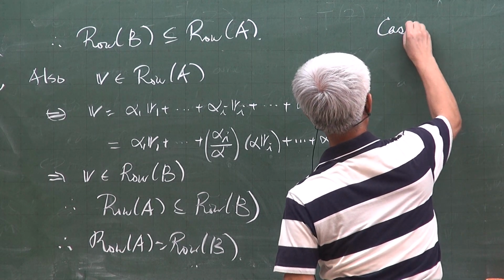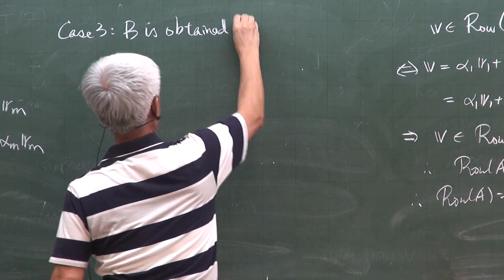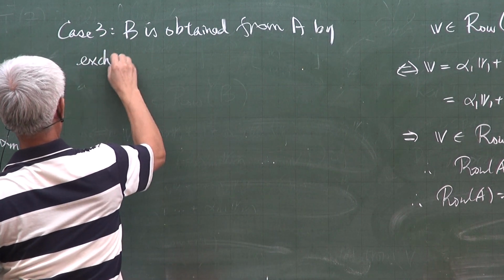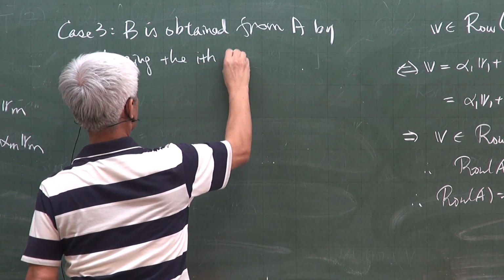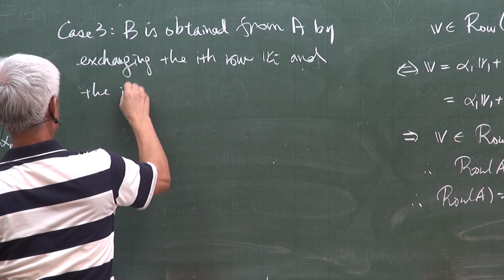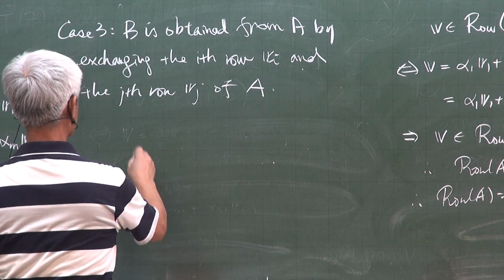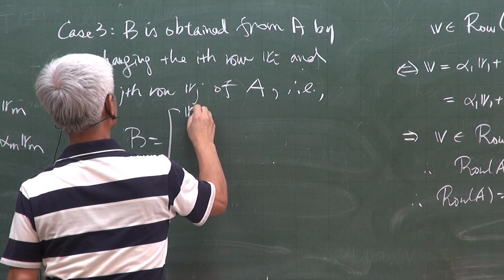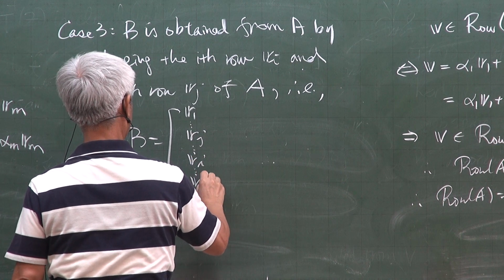Alright, case 3. B is obtained from A by exchanging the ith row and the jth row of A. So in this case, B becomes R1, ..., Rj, ..., Ri, ..., Rm.